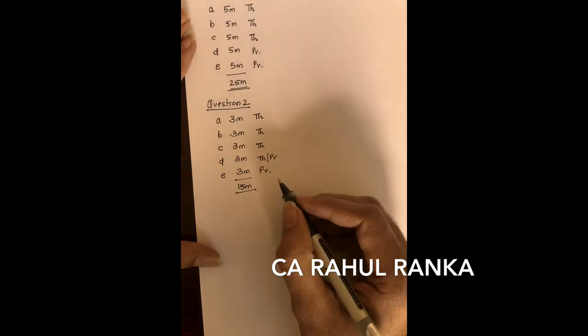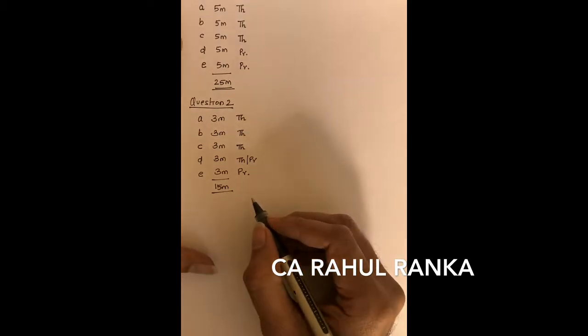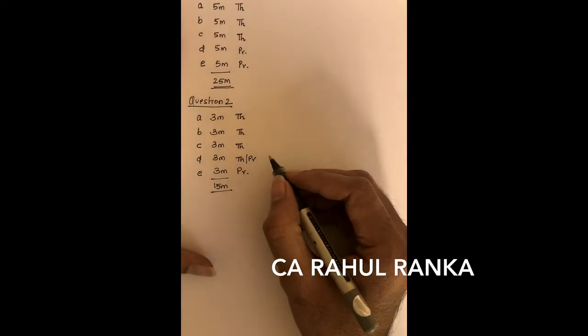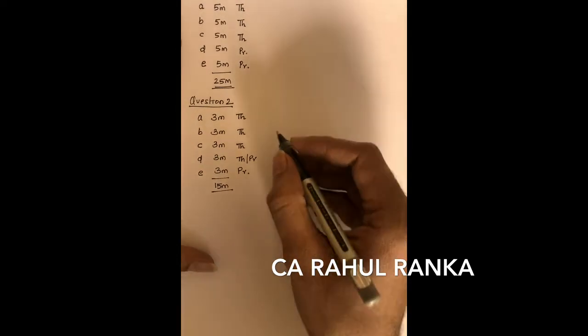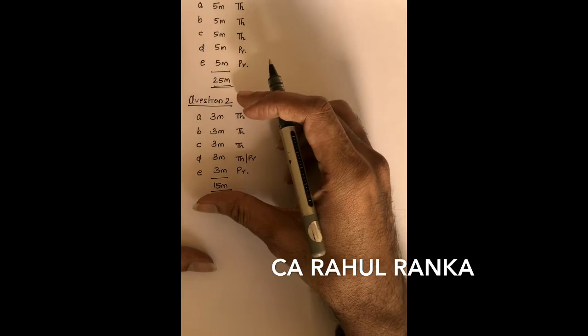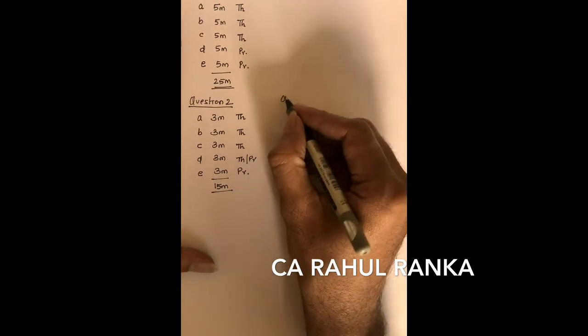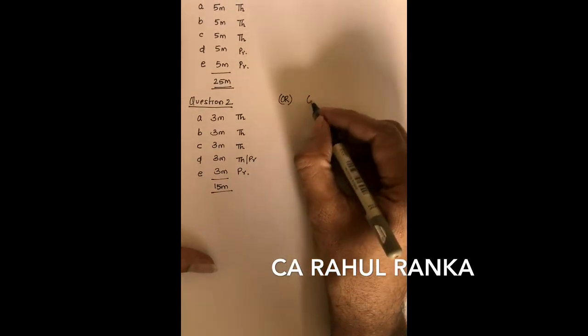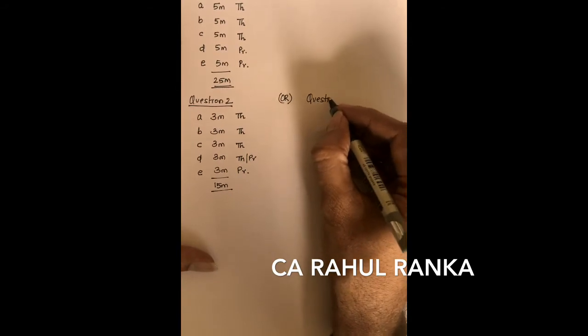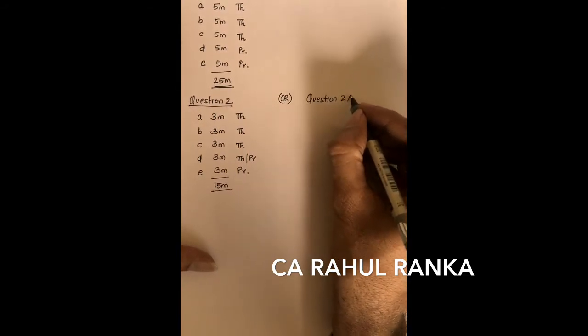There are no choices given in the entire paper. The only thing is you have an internal choice. That is, you can either go for question number 2 or question number 2A.